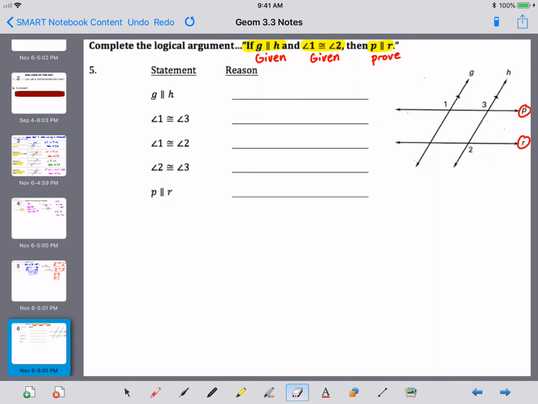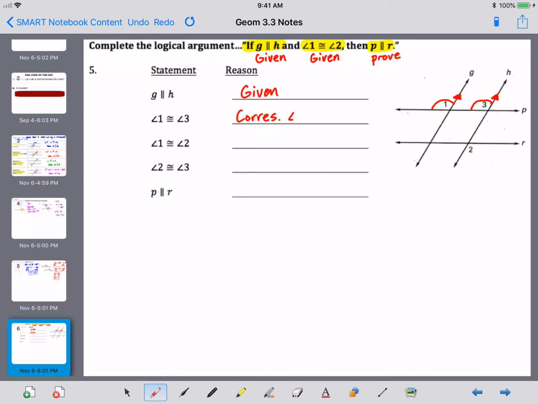Okay, so let's take a look at what we know. We were given that line G is parallel to H. Notice they have little arrows on here showing that. So if G and H are parallel, then why can we say angle 1 is congruent to angle 3? Well, what kind of angles are those? They're corresponding angles.